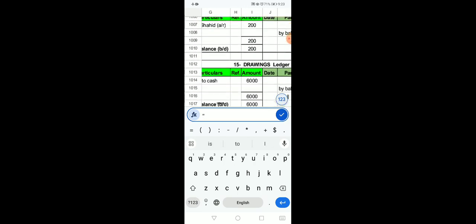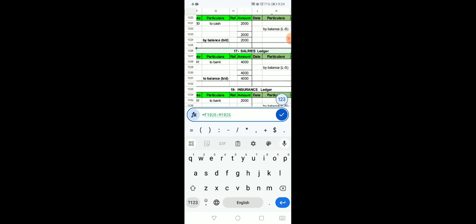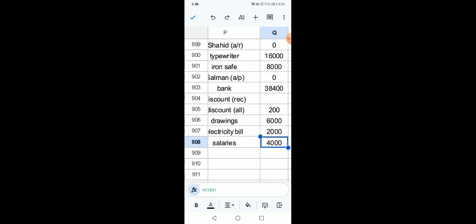Here you have your ledger salaries, and you have brought down its balance on the debit side. 4000 is the amount of the balance. You will choose the same debit side in the trial balance and will write 4000 in front of salaries. The same debit side is chosen. 4000 is written in front of salaries.